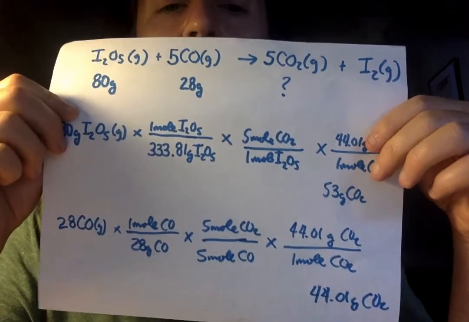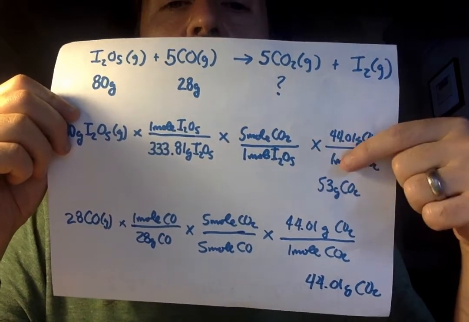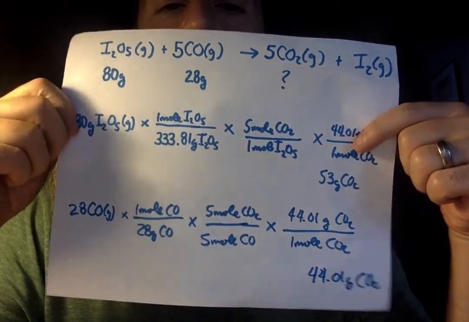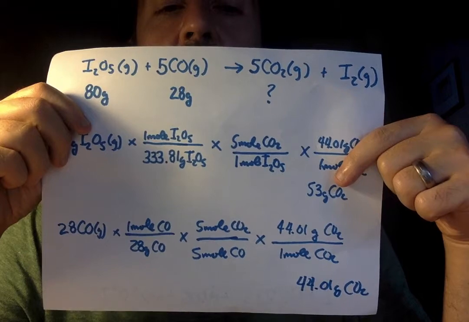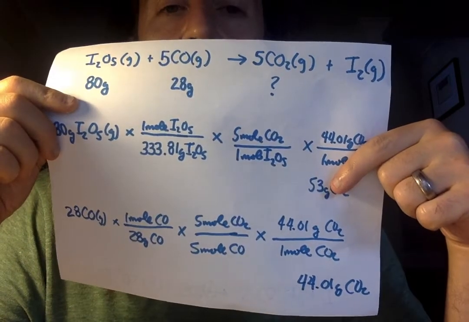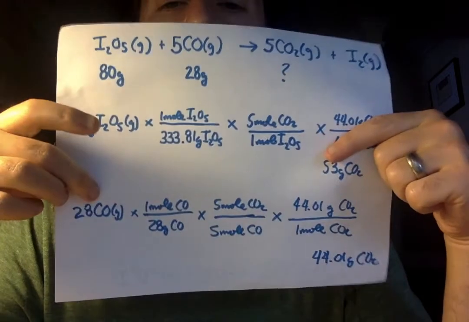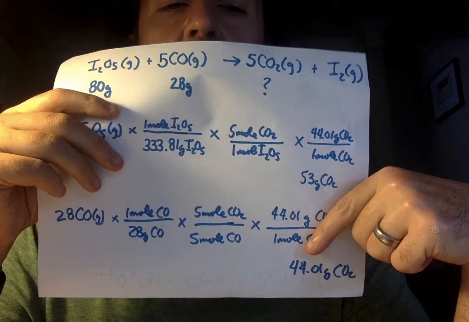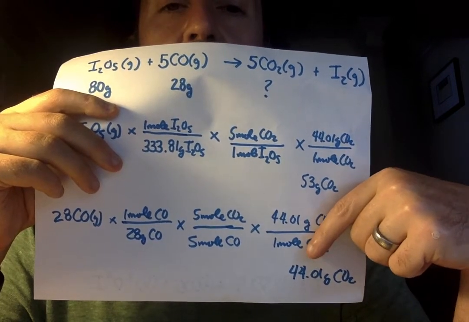So here is what we have figured out. If I have 80 grams of the iodine 5-oxide, I can make 53 grams of carbon dioxide. I have enough of this to make 53 grams of the product I want. Here, though, if I start out with 28 grams of carbon monoxide, I can only make 44 grams of carbon dioxide.